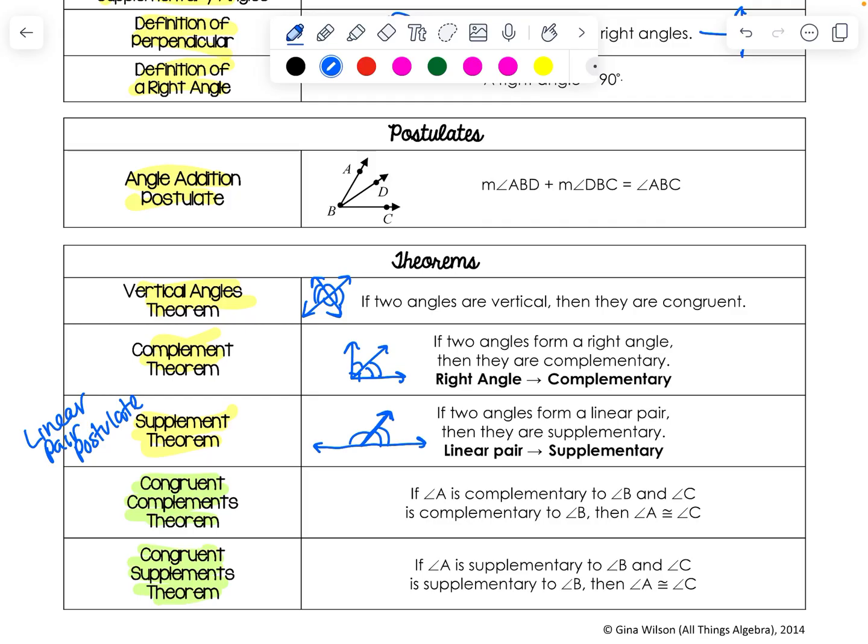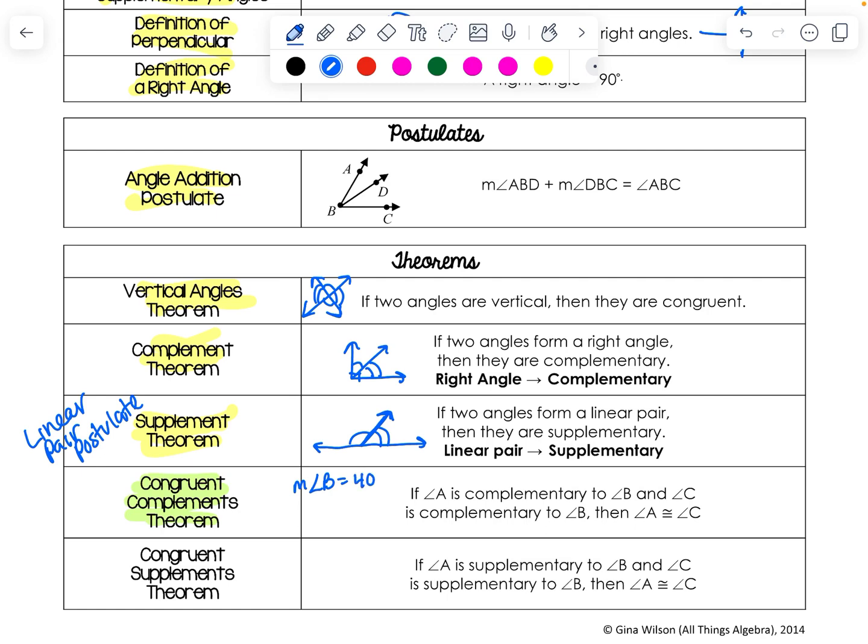Say I know the measure of angle B is equal to 40 degrees.